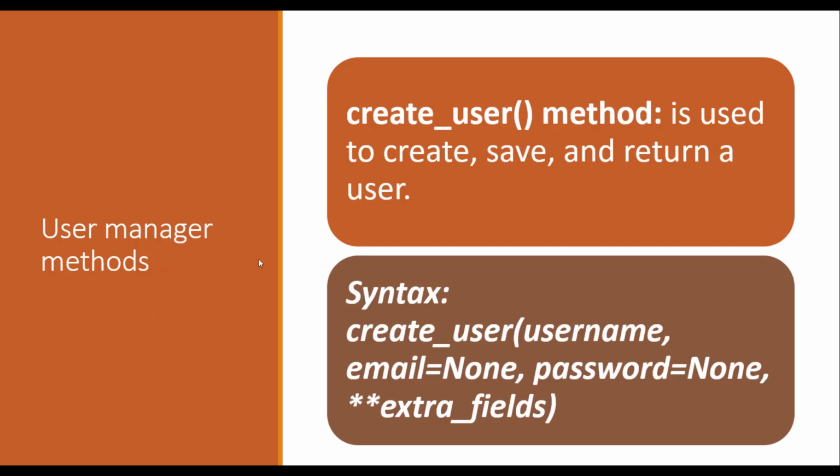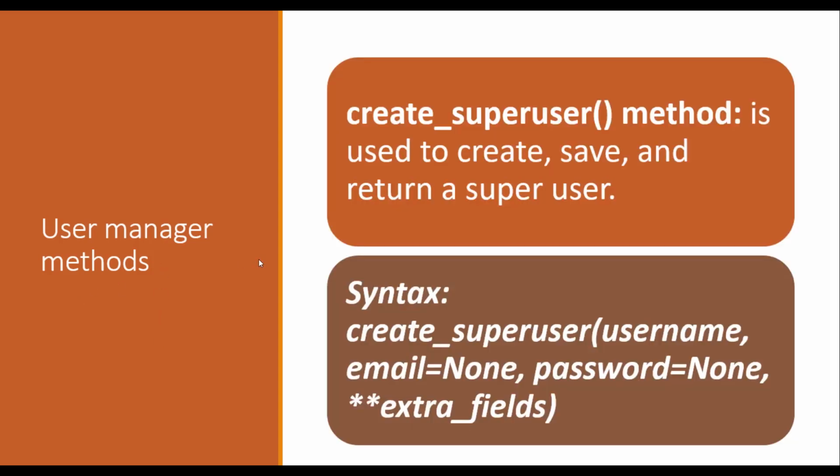So now we will discuss the second user manager method, that is the create_superuser method. This method is also used to create, save and return a superuser, and the syntax for this is create_superuser, and in arguments we pass username, email, password and extra_fields.